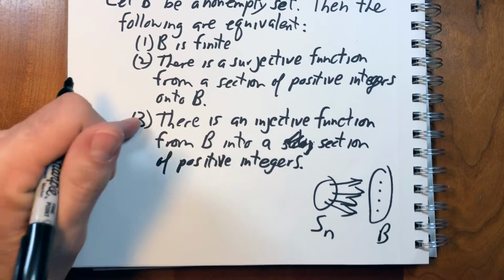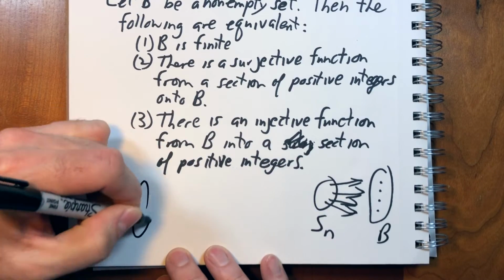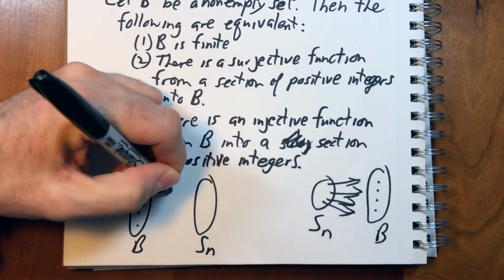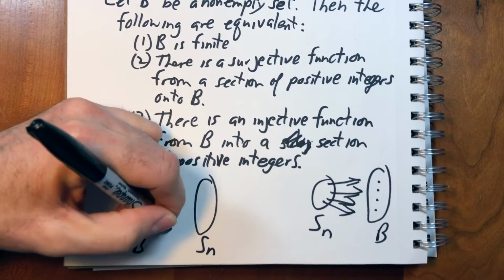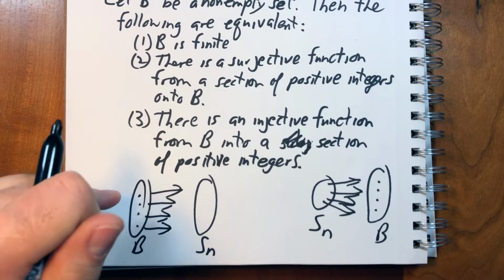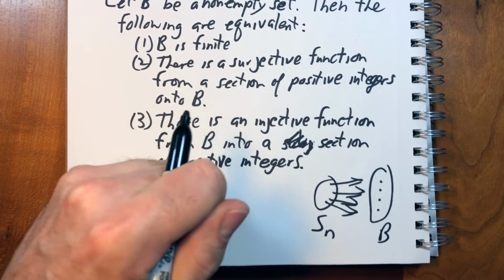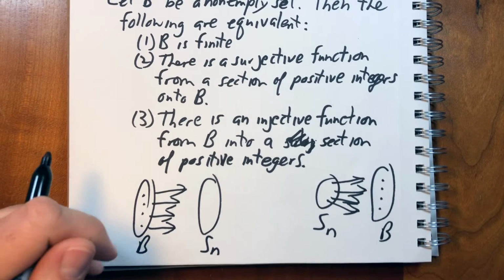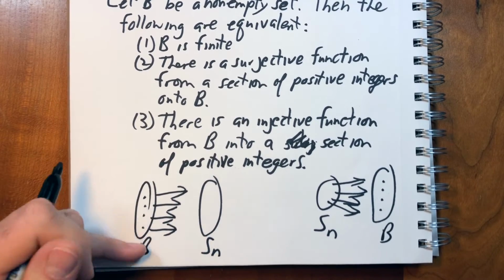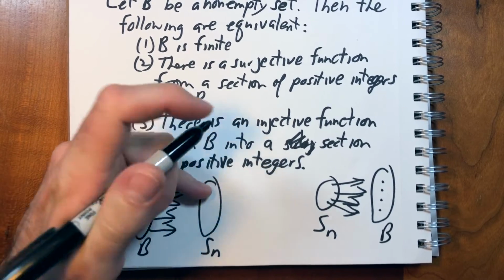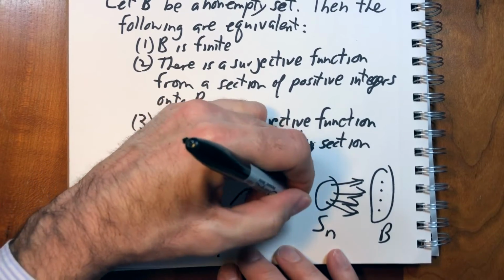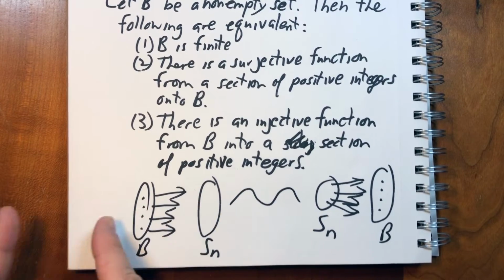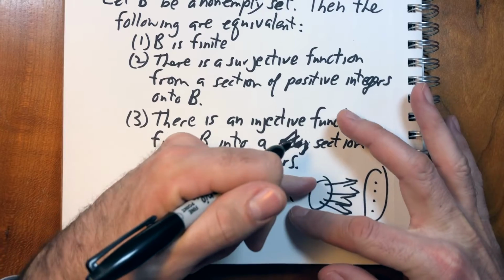And then the third one, that there's an injective function from B into a section of positive integers, is going the other way. So we have B and some section. The point here with injective is that there's only one element in B pointing to each number in the section of integers. Without this requirement, it would be possible for there to be multiple elements of B pointing to the same element here. So, for instance, you could have a sine wave, and then multiple copies of B all pointing into the same section, right?